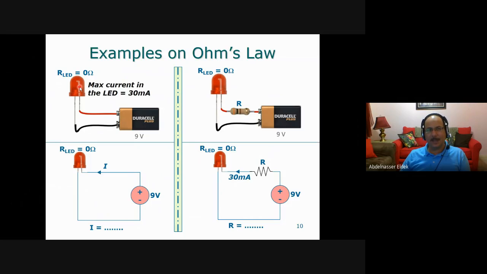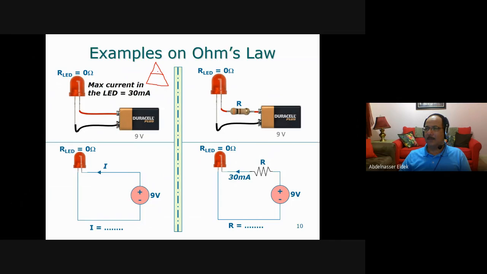Then in this case, the current is infinity because you have applied 9 volt over 0 resistance. If you use Ohm's law, the current is 9 divided by 0. Then in this case, you have a problem.